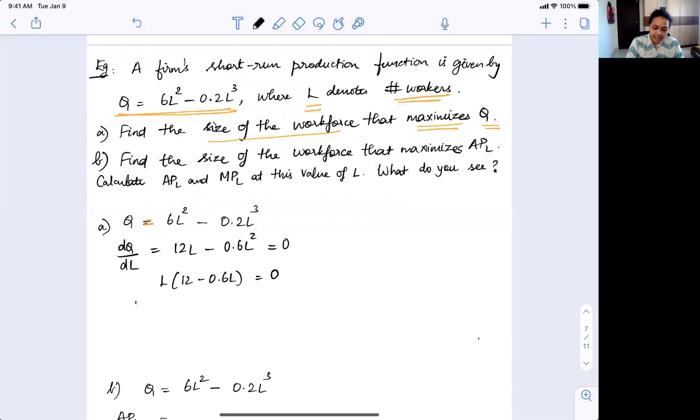And that tells us either L is 0, or 12 minus 0.6L is equal to 0, so 12 equals 0.6L, therefore L is going to be 20.